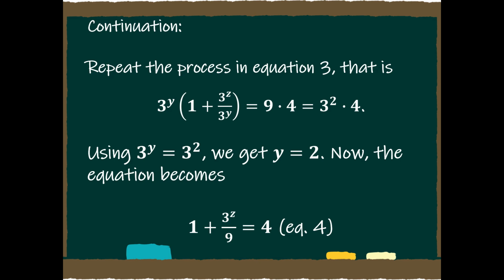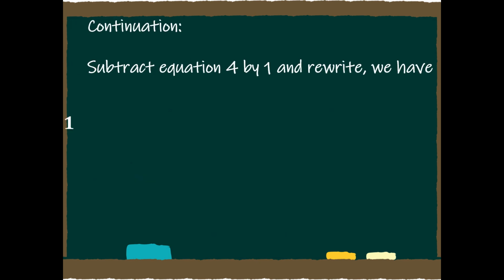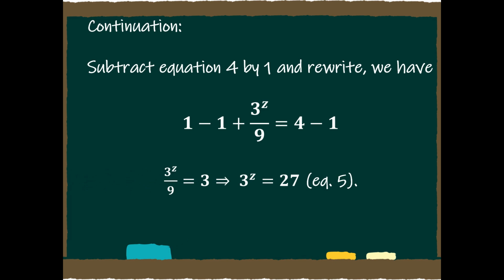So 3 squared, that is 9. And what is remaining at the right is 4. So this is our equation 4. Now, in equation 4, you have to subtract both sides by 1 and rewrite it. So you get 3 raised to z over 9 equals 3.